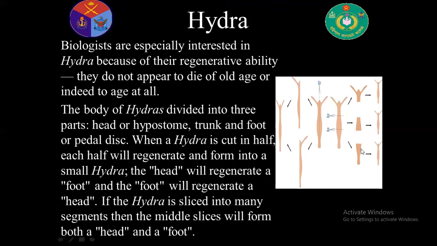So they have no natural death. If the hydra is sliced into many segments, then the middle slice will form both a head and a foot. So it is a special character of hydra, and this is done by one kind of special cell whose name is interstitial cell.